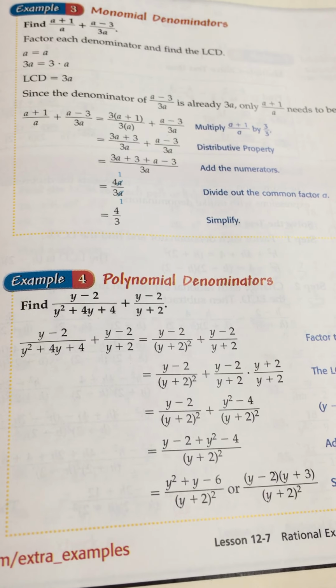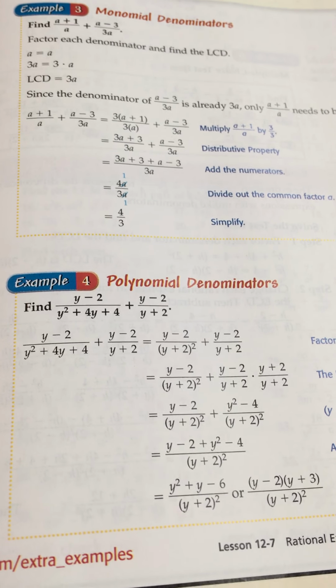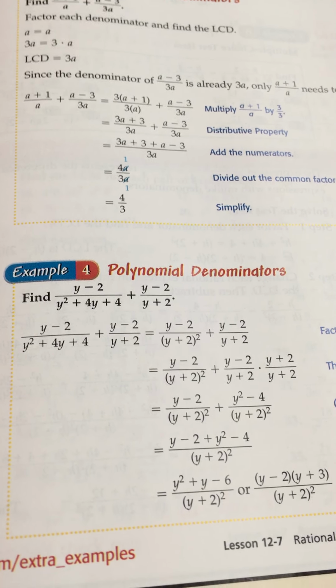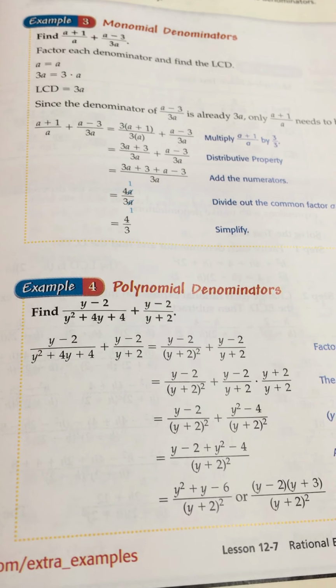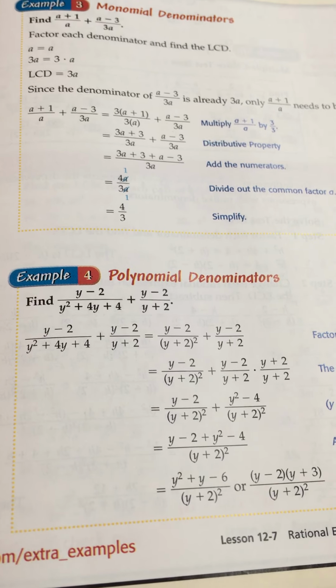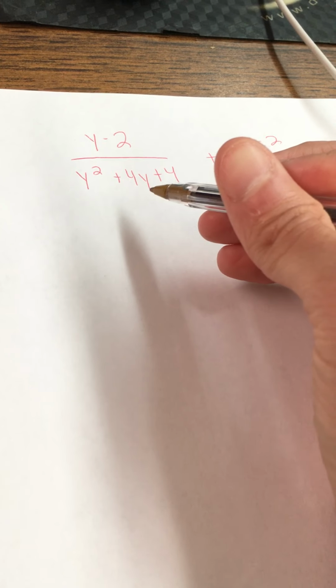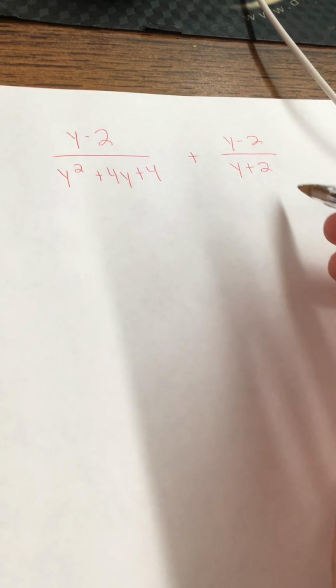So, first thing we got to do, do we have a common denominator? We do not. So what do we have to do? We have to find the least common multiple so we can get a common denominator. So, we have to factor this one and this one so we get a common denominator.